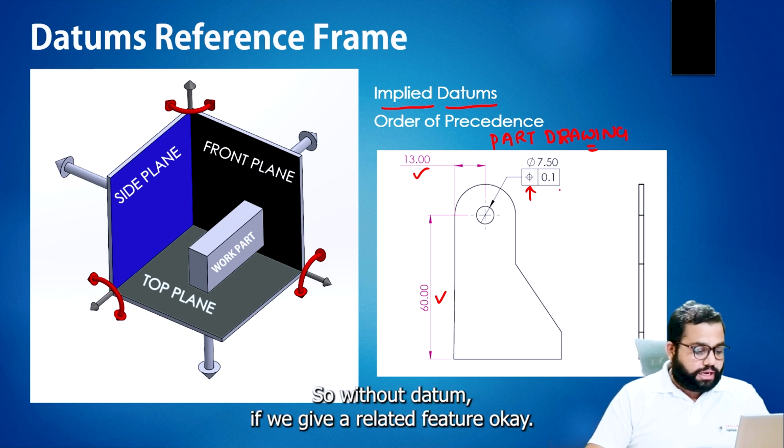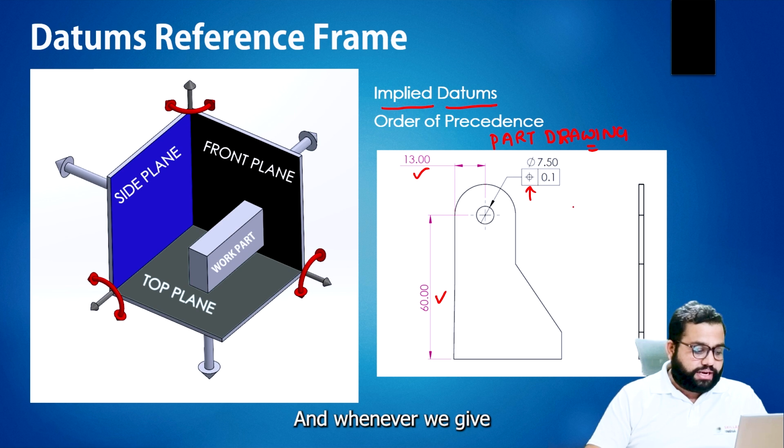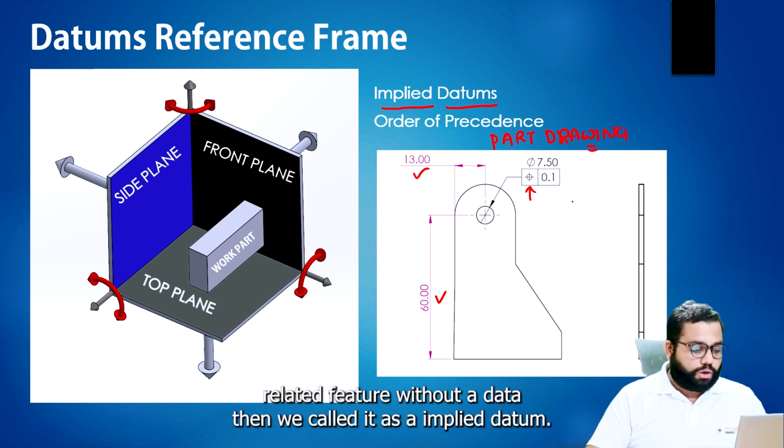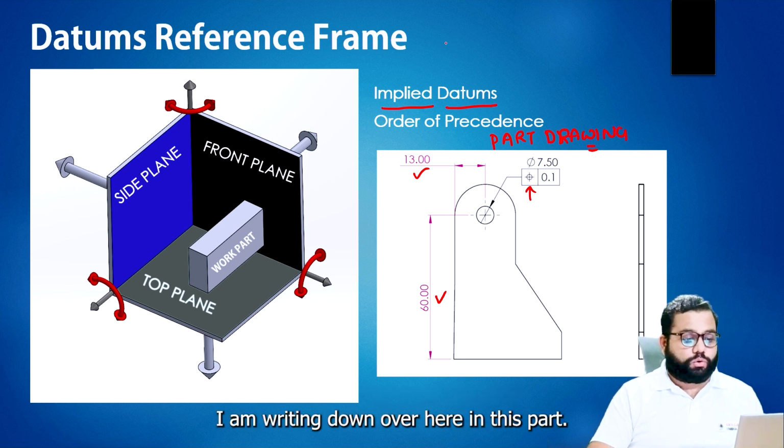Without a datum, if we give a related feature, and this is a related feature, then we call it an implied datum. This is very important. I am writing it down over here.